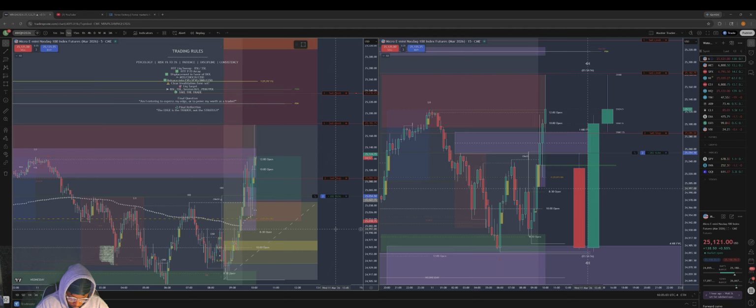Price attempted to make that move higher, but I guess the bulls just didn't have it in them today to hit previous day high. So price eventually came back, rebalanced on me, and took me out in profit.